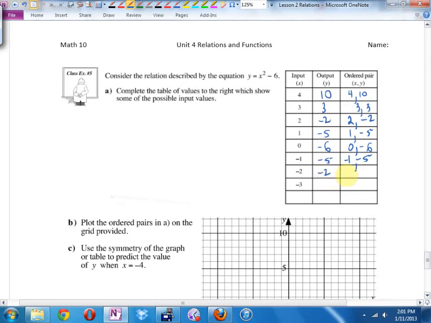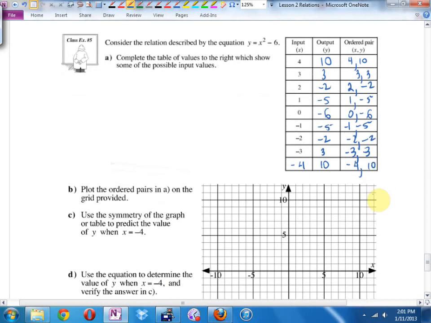Also goes with negative 2. Negative 3 goes with 3. And you know what? Let's add negative 4. What does negative 4 go with? Okay. Let's plot.